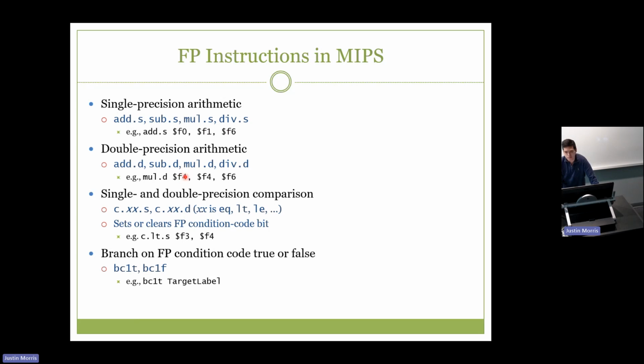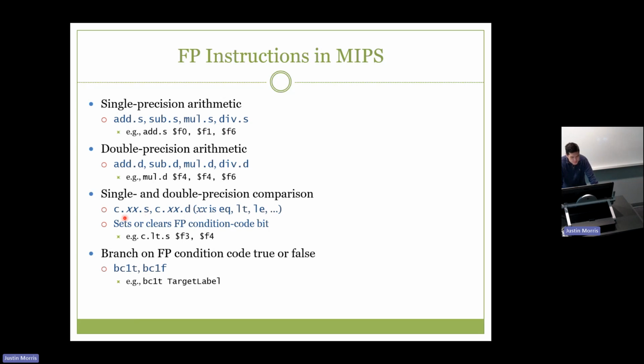So 0 for the first one, 2 for the second one, 4 for the third one. All of these operands need to be even numbers. And then again, it would be into floating point registers 4 and 5, multiplying floating point registers 4 and 5 by 6 and 7. We need 2 registers because for double precision, we need 64 bits.